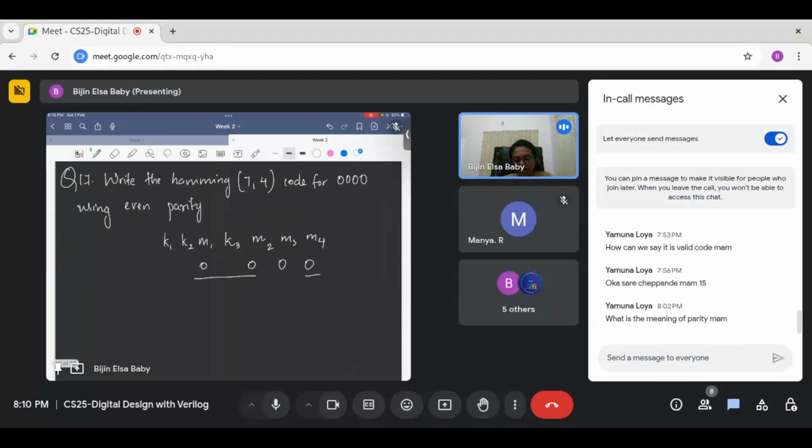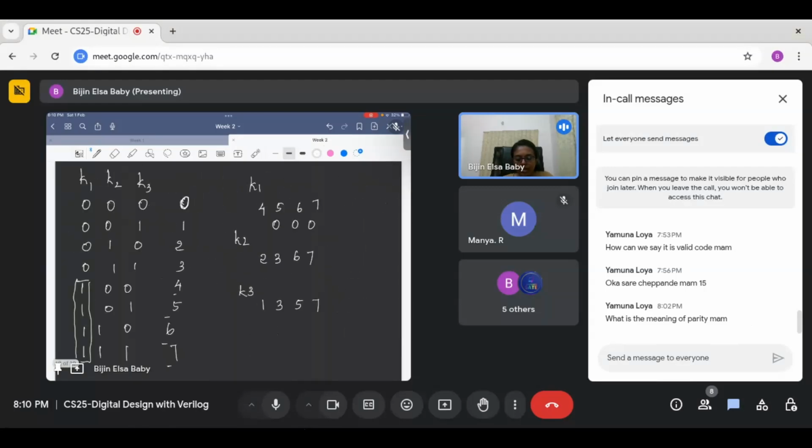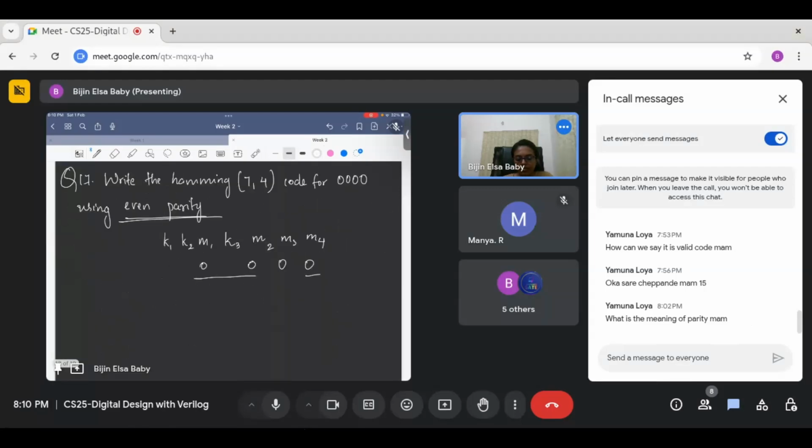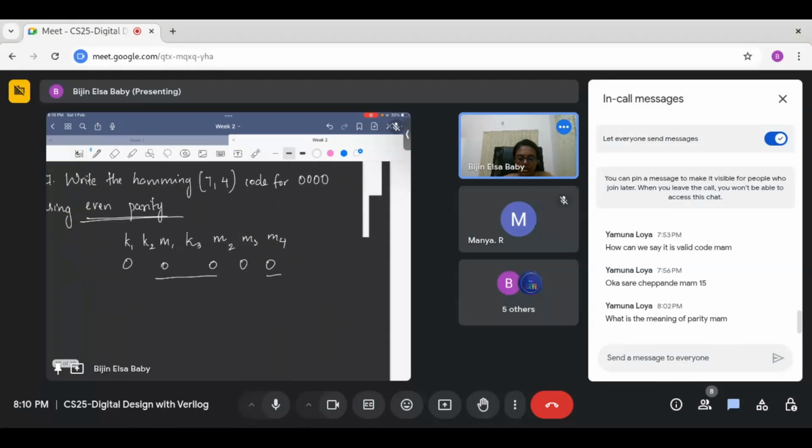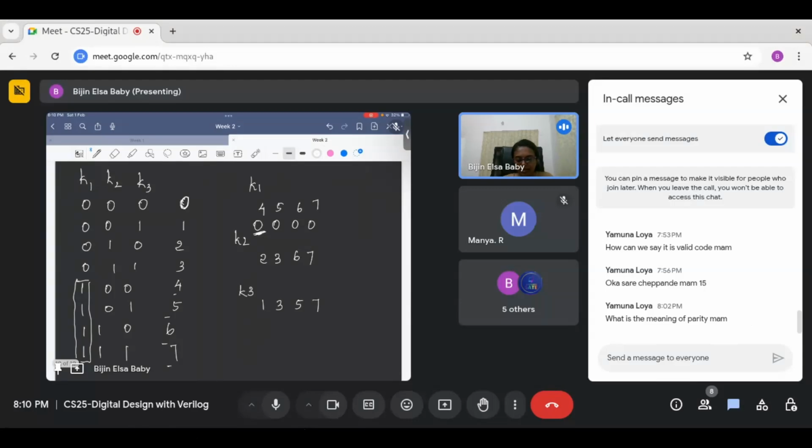In the question, it is given as even parity. So what value should we give here? We should give 0. If you give 1, then it will have an odd number of ones. So the K1 value is 0. Now K2 covers 2, 3, 6, 7.